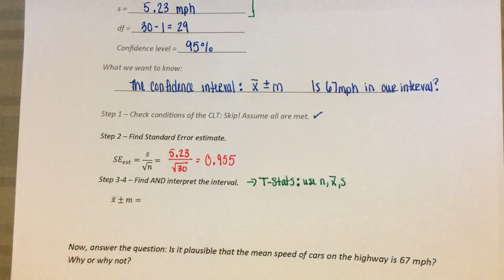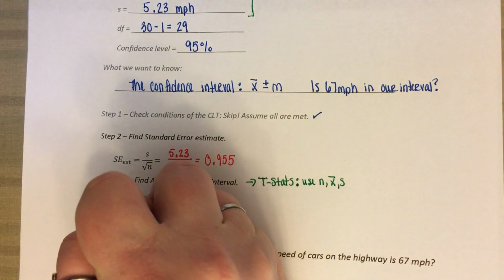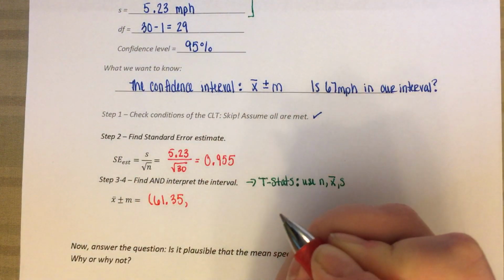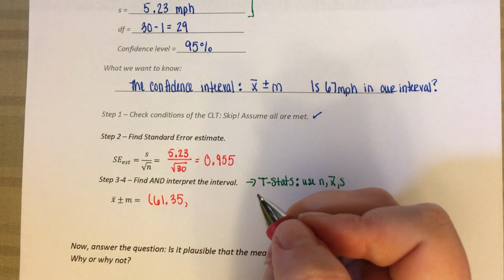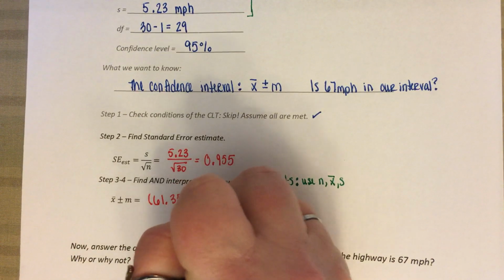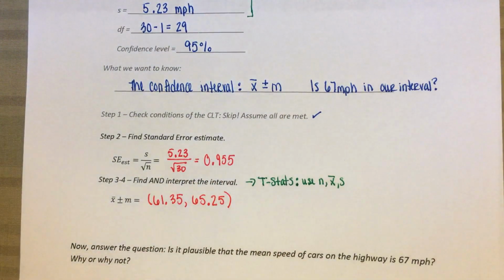And that's going to give us 61.35 to 65.25. All right, so there is our confidence interval.